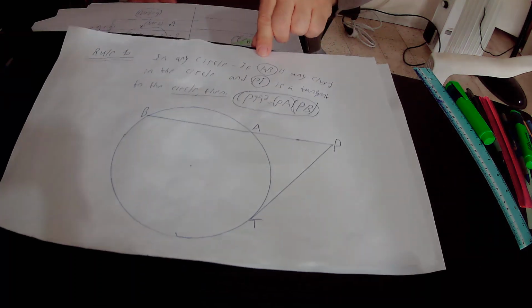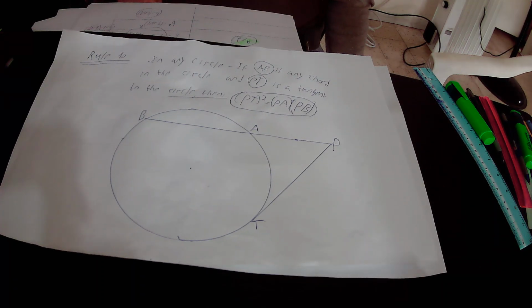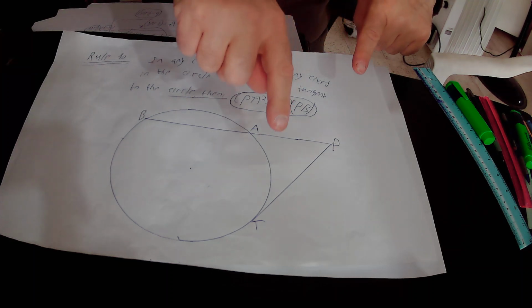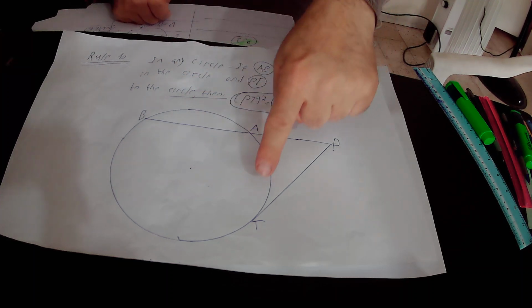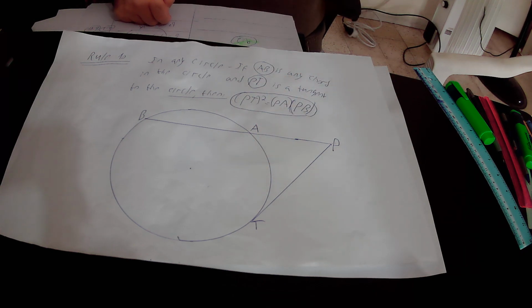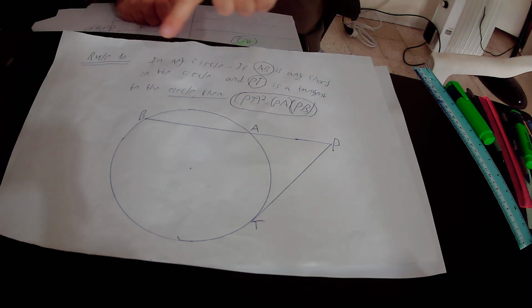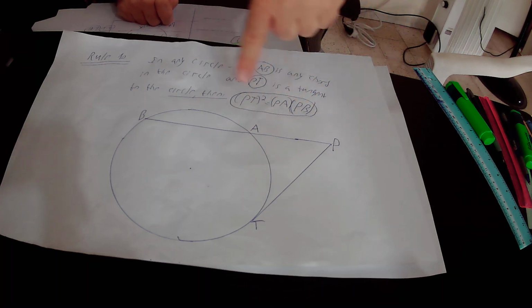According to rule 10, which is true in any circle, if AB is any chord in the circle, and PT is a tangent to the circle at point T, then the following equation will be true: PT squared equals PA times PB.